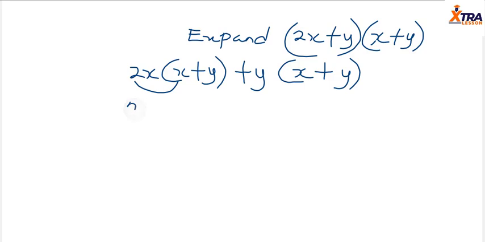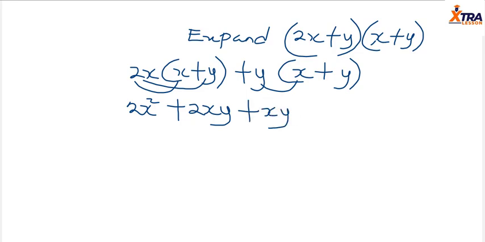I have 2x squared plus, this 2x times that will give us 2xy. We'll go to the next one now. x times y will give us xy. Then plus times plus, y times y gives y squared.